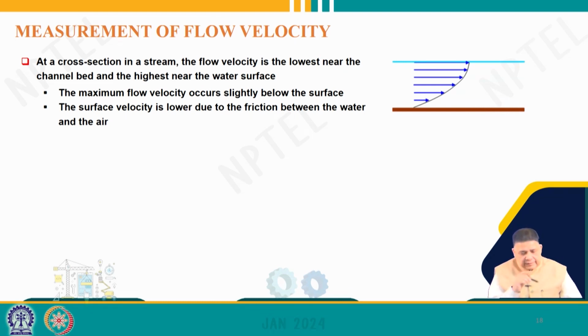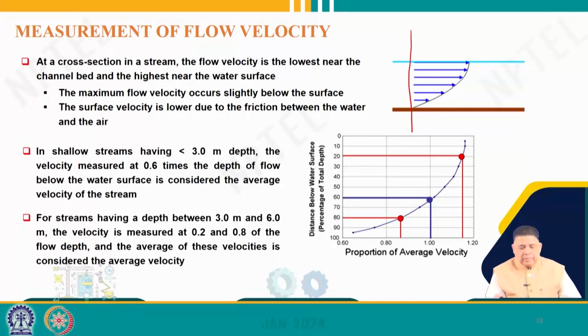Now, at a cross section in a stream, we have seen that velocity varies across the cross section, but also if you take a vertical cross section, then velocity varies significantly from top to bottom. The maximum flow velocity occurs somewhere near the surface, and surface velocity is lower due to friction between the water and air.